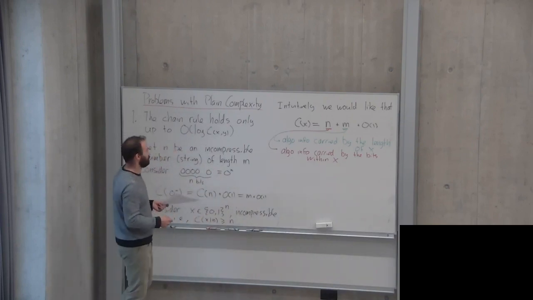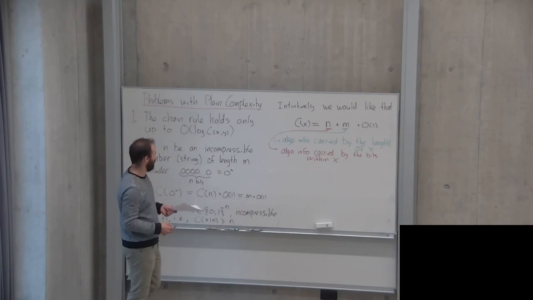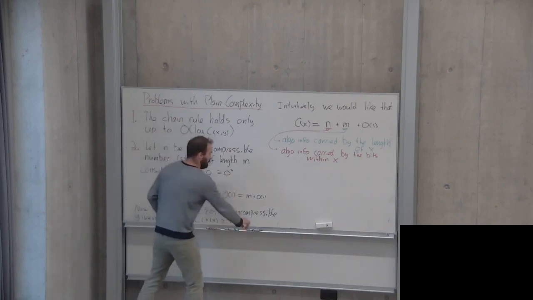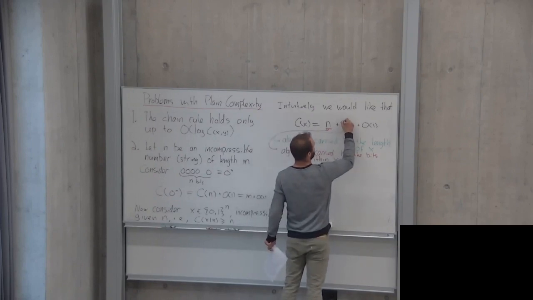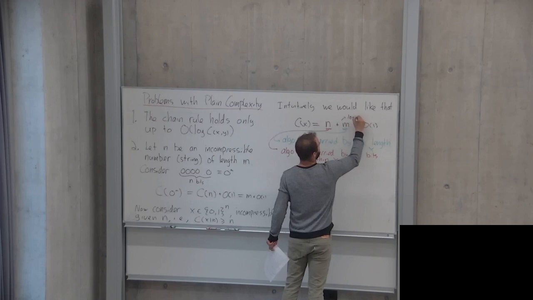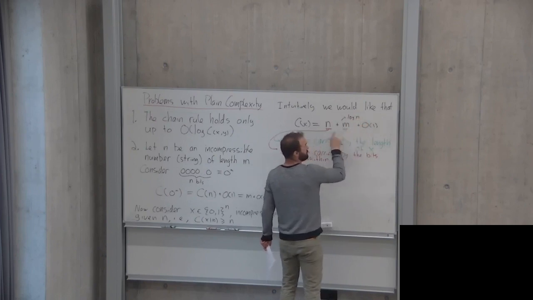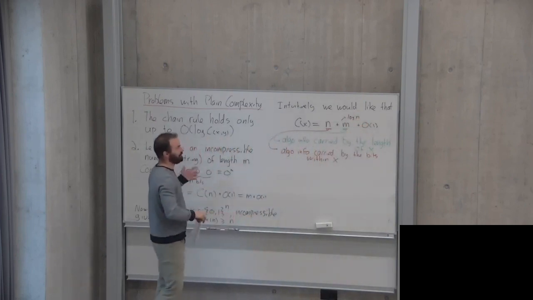And I remind you that m is basically order of log n. This is basically log n, because m is the size of the string n.